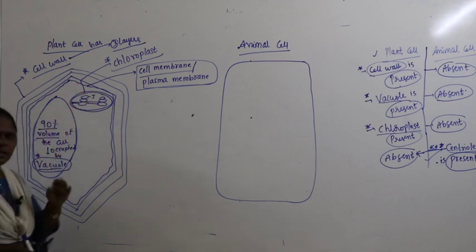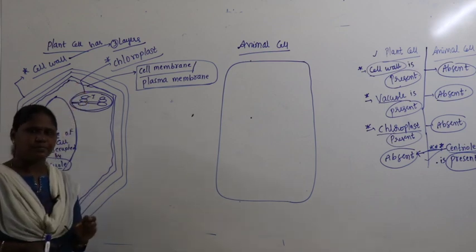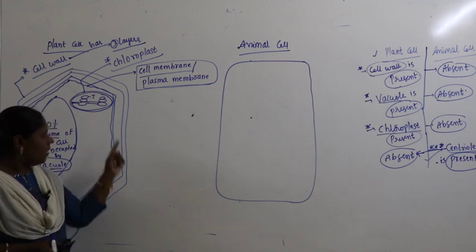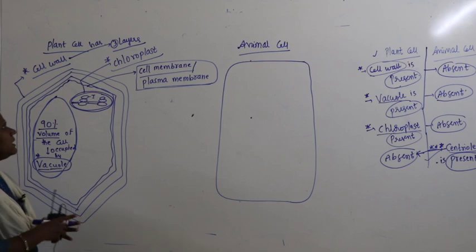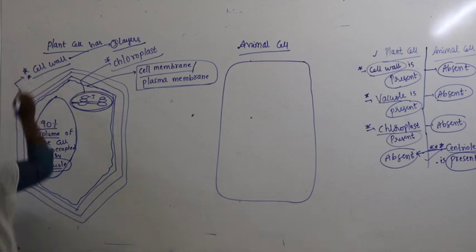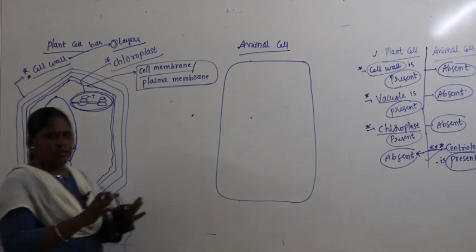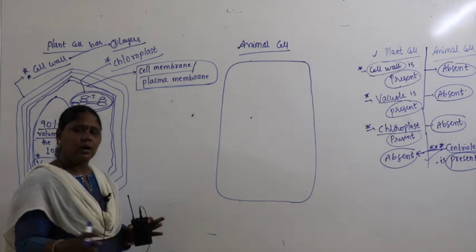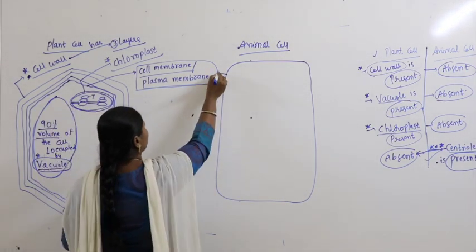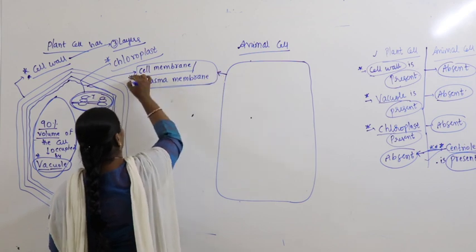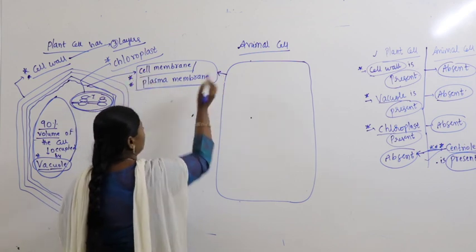So guys, let me ask you a simple question. What is the outermost layer of a plant cell? Then you need to choose the answer as cell wall. In case of an animal cell, the outermost layer, you need to choose the cell membrane or plasma membrane.